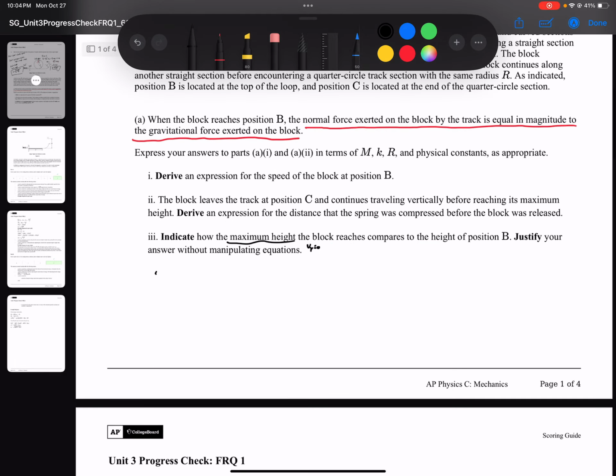So at max height, all of the mechanical energy is stored as gravitational potential energy.